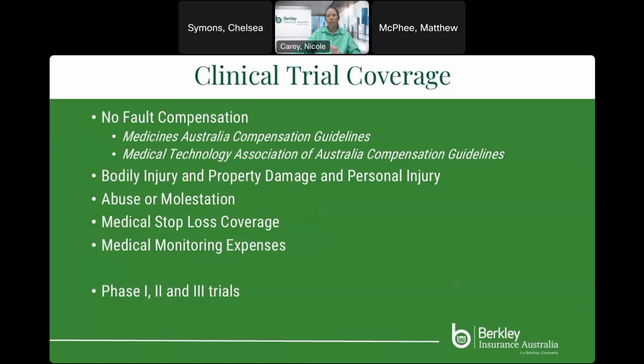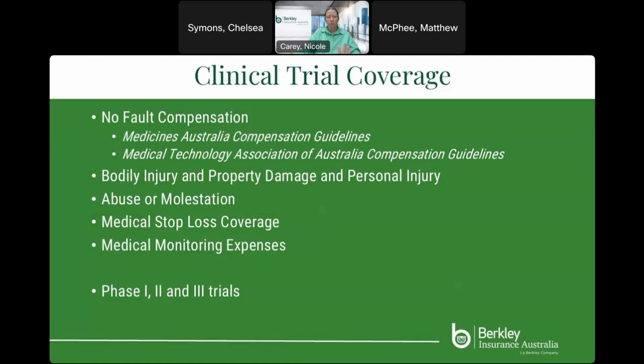Both of these sections basically provide coverage for the same thing, which is claims arising from bodily injury, property damage, or personal injury that's arising from an individual's participation in a clinical trial. The difference between the 2 sections is the mechanism of payment or determining how compensation will be paid. Under the no fault compensation insuring clause, which is the first insuring clause, the determination of payment of compensation is guided by a set of pre-agreed guidelines.